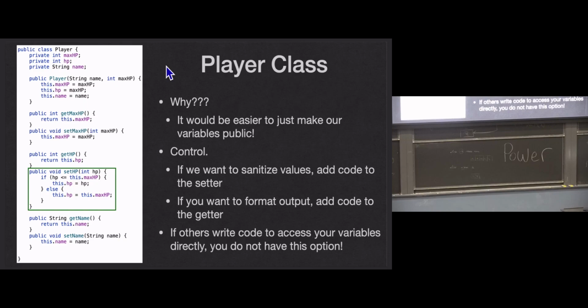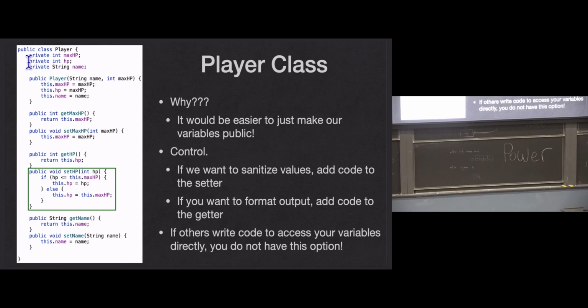Maybe they're doing it by accident, like maybe they have some math or complex method that spits out a number, and then they set that to their HP instance variable. And you don't want them doing that. You want some check where it says, if somebody's trying to set HP to something higher than max HP, I want to set HP equal to max HP.